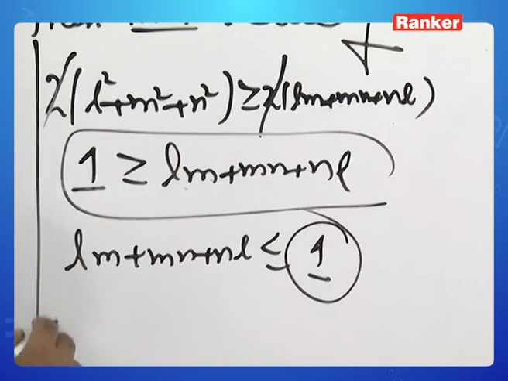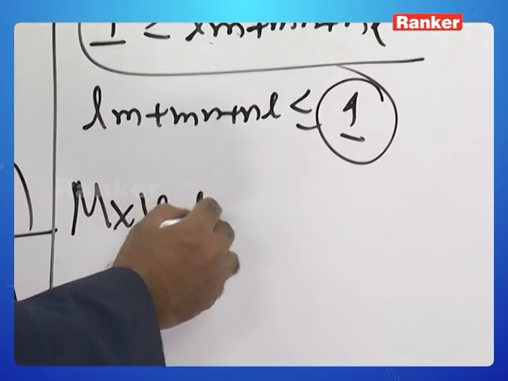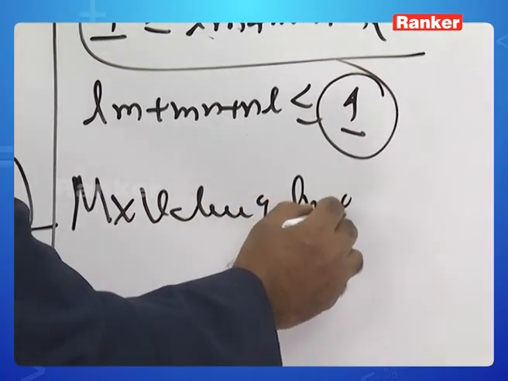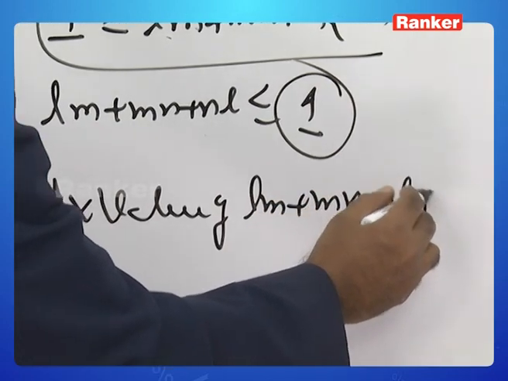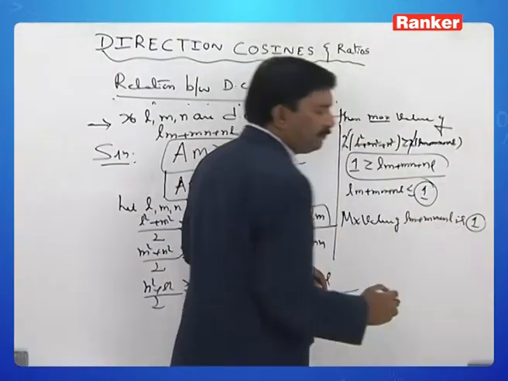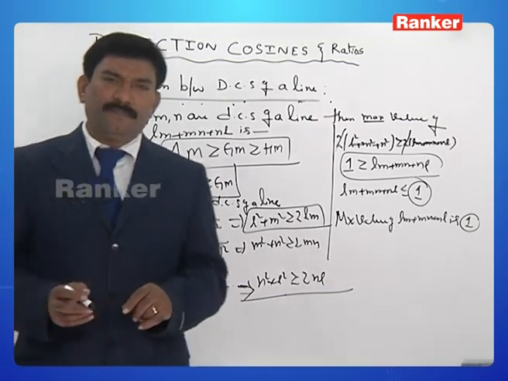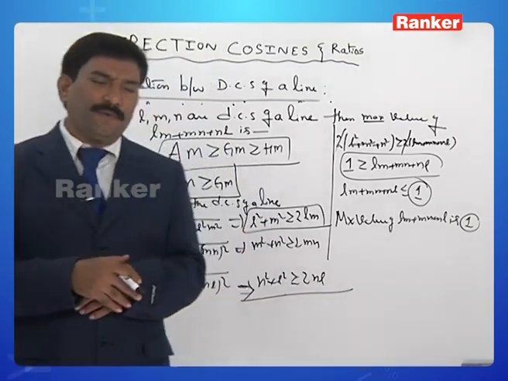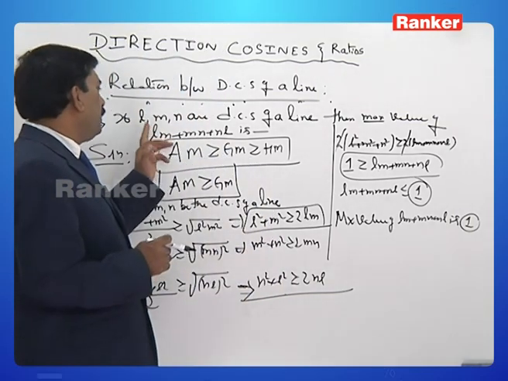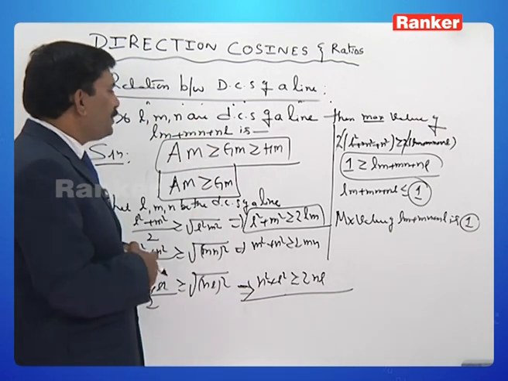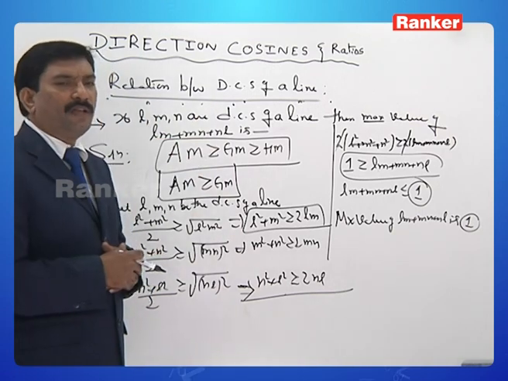Therefore, the maximum value of LM plus MN plus NL is 1. Followed?